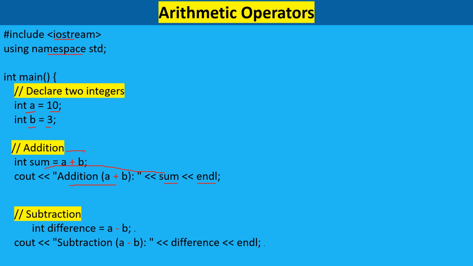Subtraction: perform subtraction of b from a or a from b. The result is stored in a variable difference here, and then print the label of difference, a minus b, followed by the value of difference.